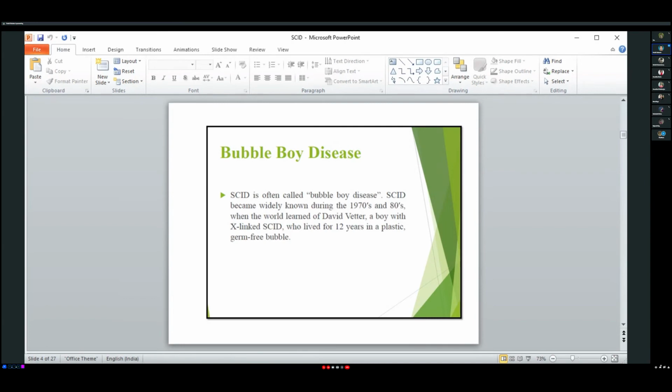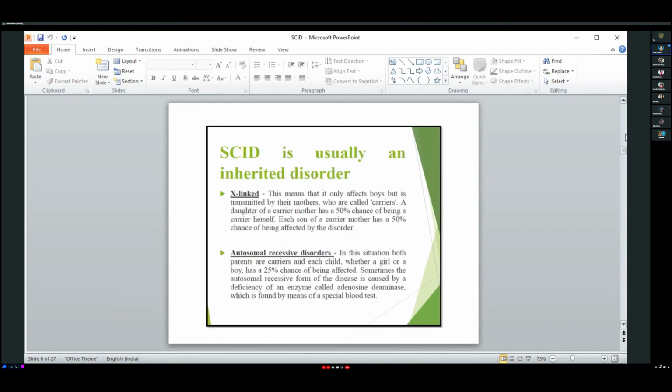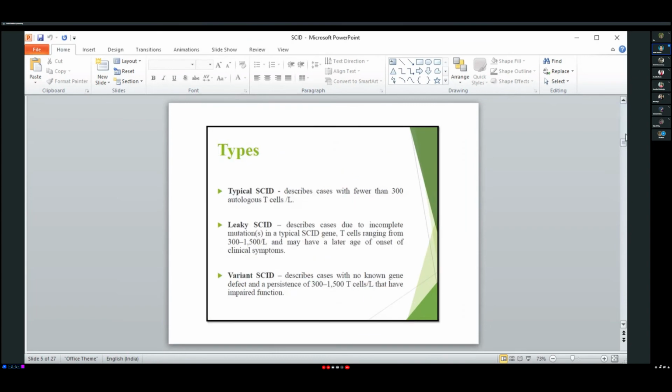The mutation was X-linked. Unfortunately, he died at the age of 12, but until then he was kept in a big plastic, germ-free bubble. This is why it is known as the bubble boy disease.